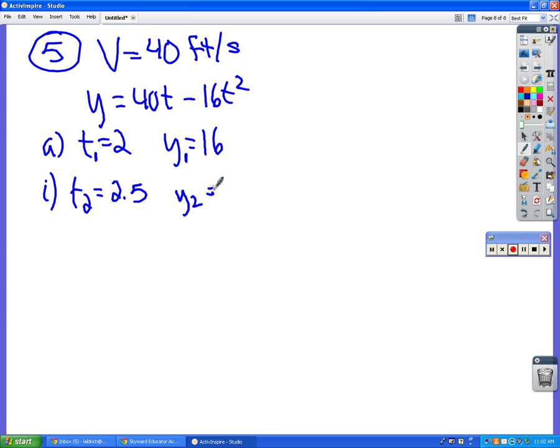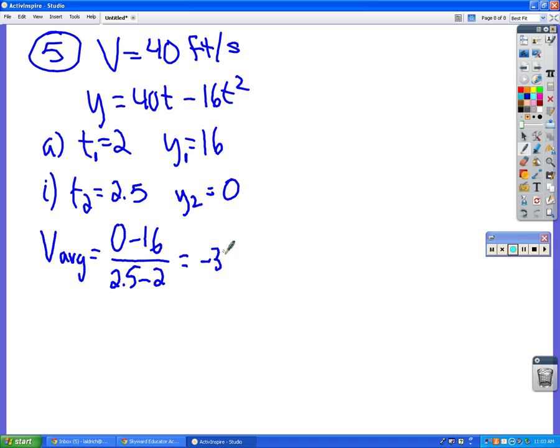Awesome, I'm okay with that. So now to figure out the average velocity, I go y2 minus y1, so 0 minus 16 over essentially x2 minus x1, so 2.5 minus 2. So that is going to give me a velocity of negative 32 feet per second.